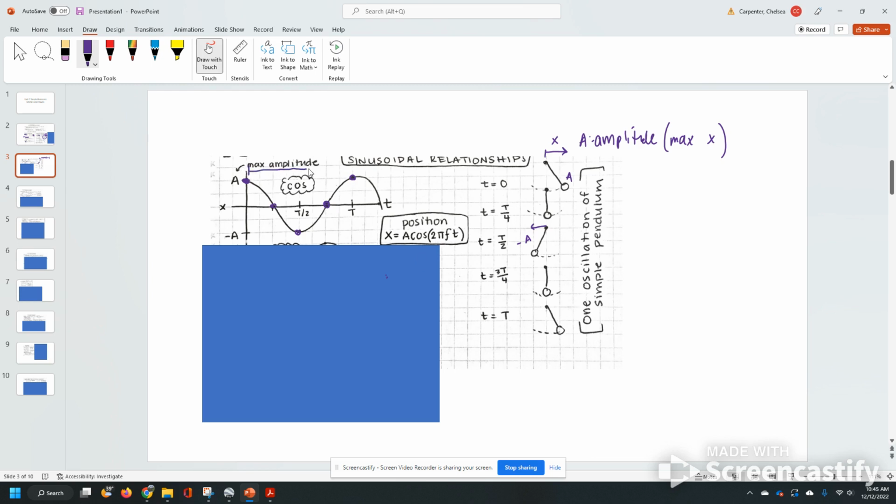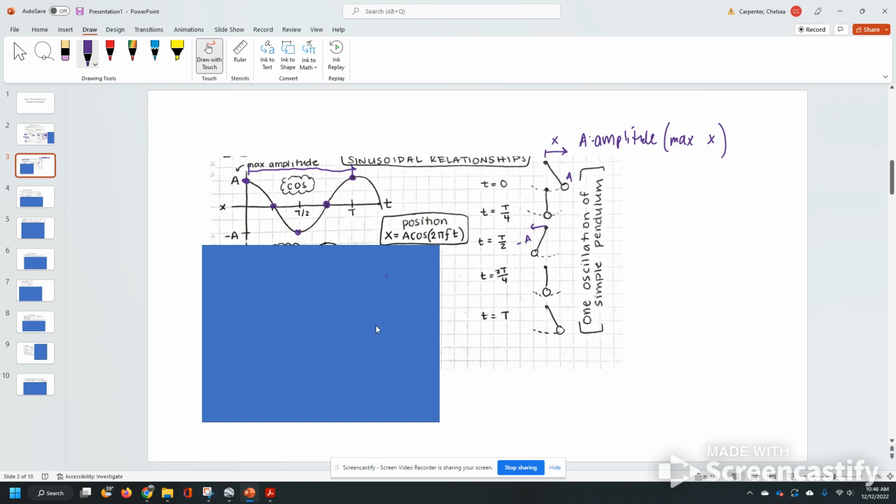So this is one period, a maximum to a maximum, or a min to a min, just one full cycle. The position can be graphed with this equation here: x equals your amplitude times the cosine of 2 pi times the frequency times t, which is our x variable.